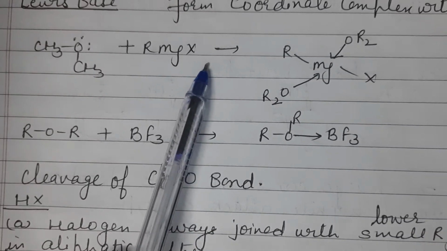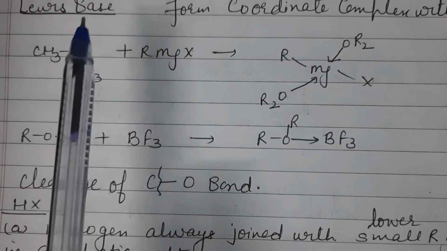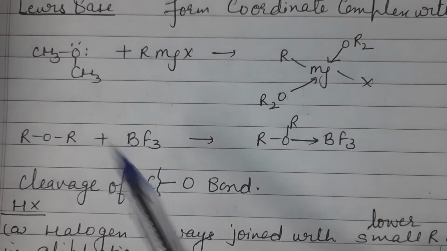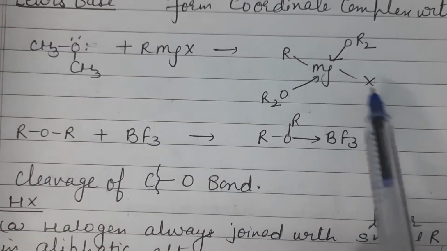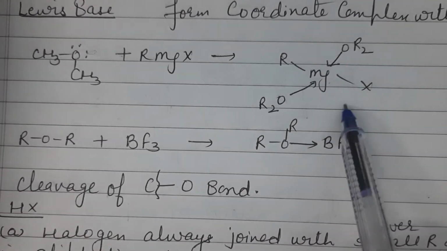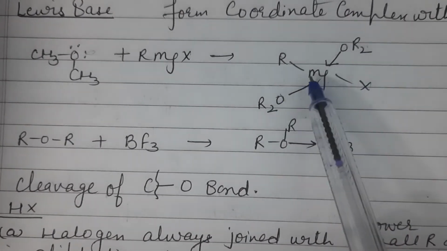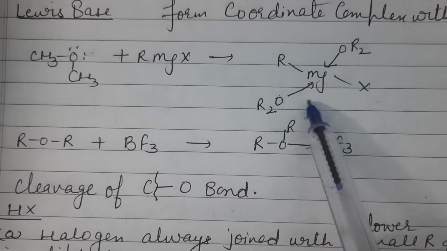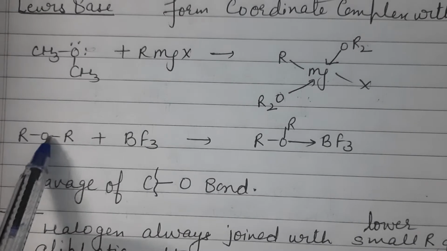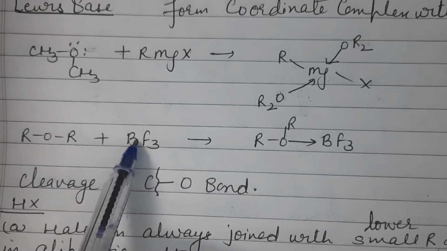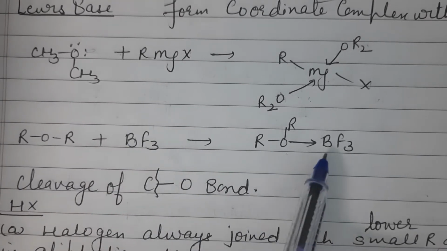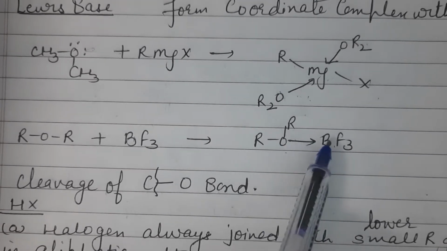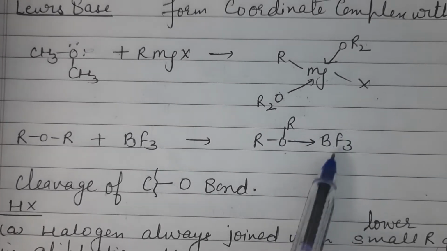So the Grignard reagent forms a coordinate bond with this Lewis acid due to the presence of lone pair of electrons. See here, 2 molecules of ether attach with the Grignard reagent in this manner by forming a coordinate bond. Here ether forms a coordinate bond with boron trifluoride, so its outermost shell is also completed because these 2 electrons are shared by boron trifluoride.